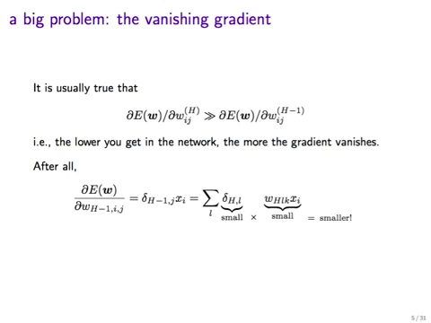But there's another problem. In practice, it appears that the further away you get from the output unit, the smaller your gradient becomes, and this problem is called the vanishing gradient problem. Why is that? Well, remember, we have a residual at the output unit.